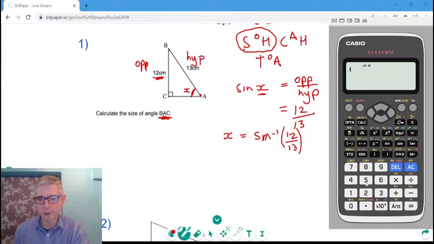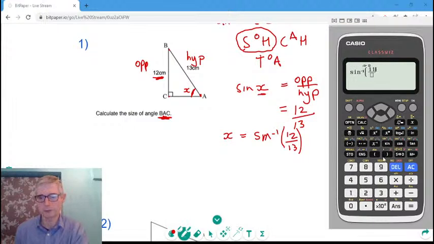So what we're going to do is go shift sine, and that gives me the sine minus 1, because that's written in orange there. You may have a different calculator to the one I've got, but the principles should be pretty similar. And then I'm going to use my fraction button.